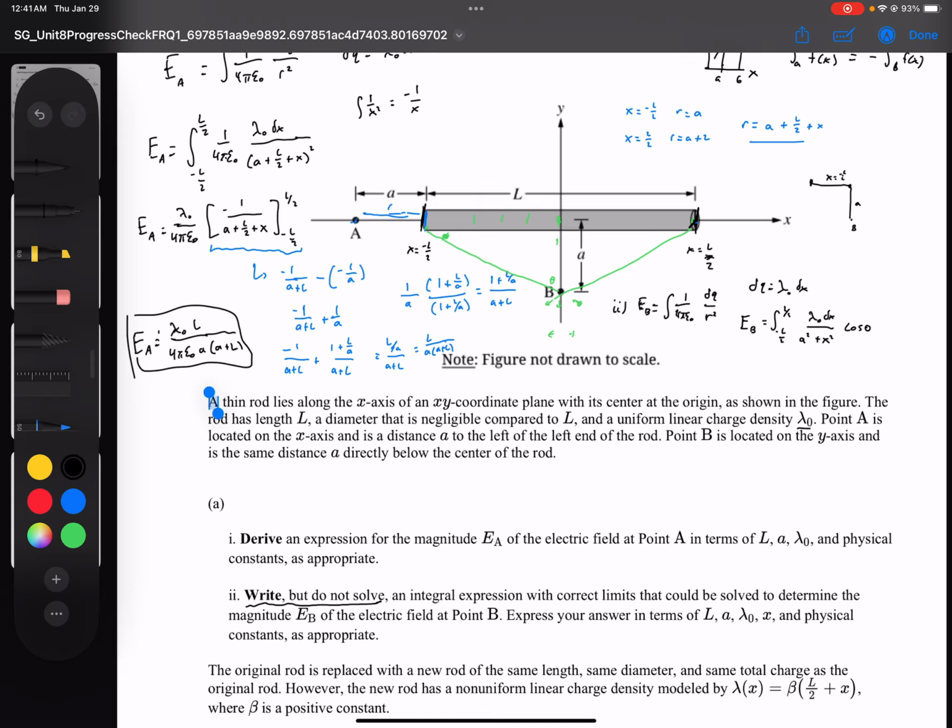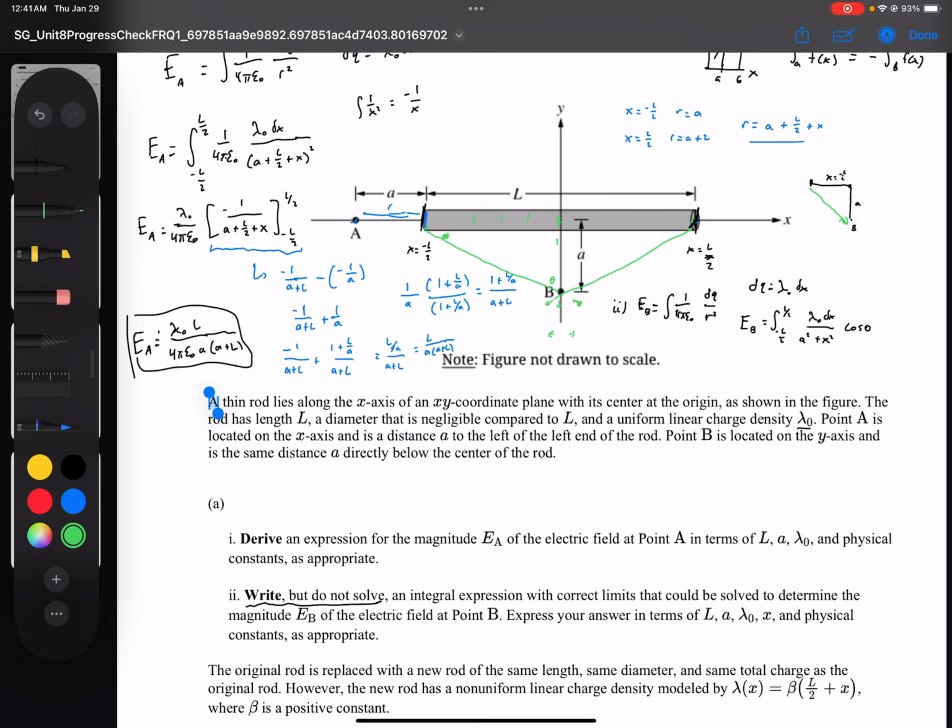Now x is going to range from negative L over 2 to positive L over 2, but regardless, if I want to figure out how far away that little infinitesimal charge element is from my point B, I have to use the Pythagorean theorem. So it's just x squared plus a squared.